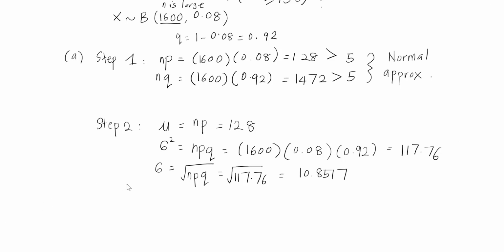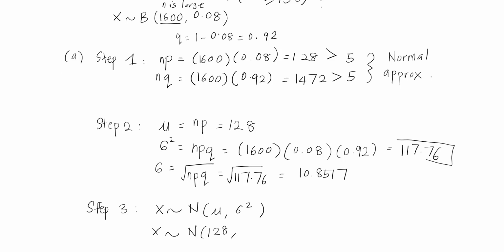Now we already calculated the mean, variance, and also the standard deviation. So in step 3, we want to write in normal distribution notation. We have the mean 128 and a variance of 117.76.